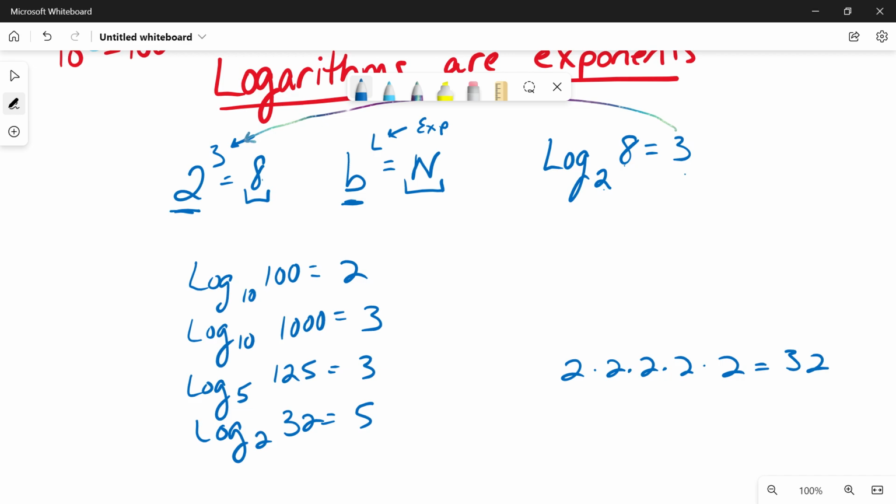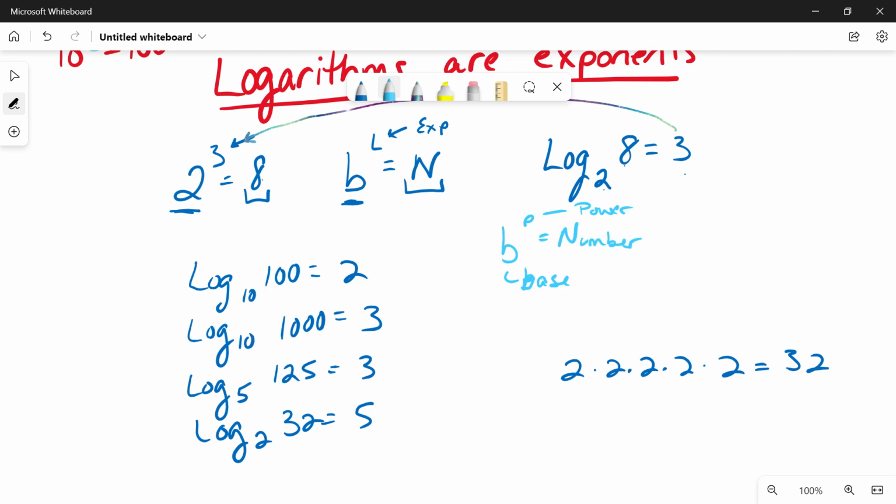All right, so looking here at this example that I'd given you up here, we can think about our b to the p equals n. So the base raised to some power equals some number.